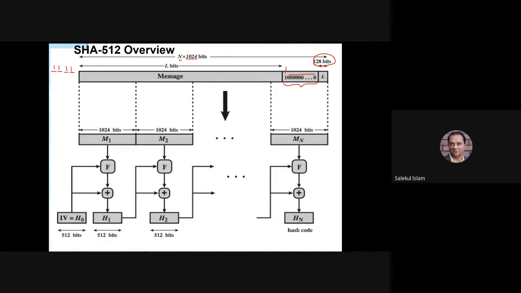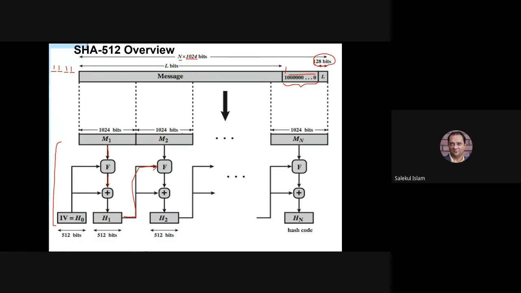So you do the same calculation. If you look at the bottom part here, you will find that you are calculating the same thing. It goes through some f function, then through some XOR function, and now it generates h1, and that h1 is used as the input of the next f function.